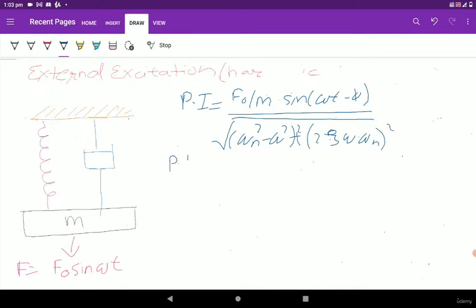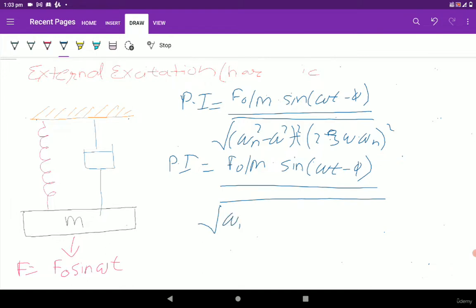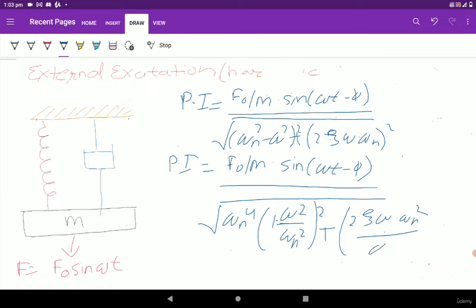So f naught by m dot sin of omega t minus phi divided by omega n square under root of 1 minus omega square by omega n square whole square plus 2 zeta omega dot omega n by omega n square whole square.